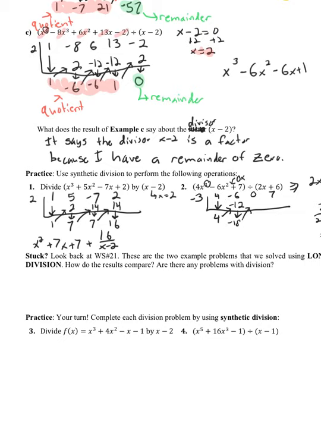Negative 3 times negative 18 is a positive 54. Negative 3 times 54, that is negative 162, and I end up getting negative 155. So this one I got 4x squared minus 18x plus 54 minus 155 over 2x plus 6.